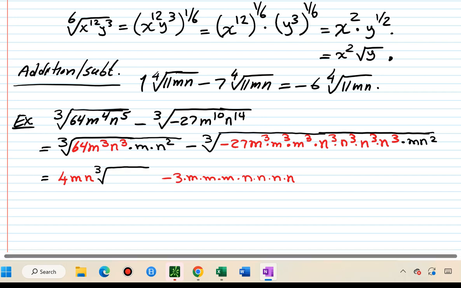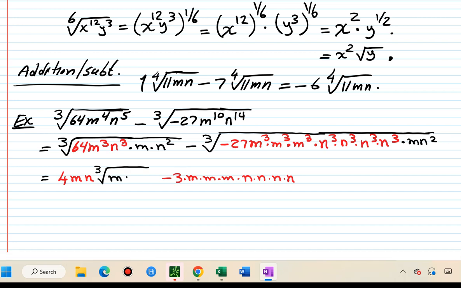So let's write down what's left over. M n squared, and then I have minus. That's this minus. Remember the negative 3 here was the result of the cube root of negative 27. So I still have the negative, that was from the problem being subtraction. And then we have the cube root of mn squared.